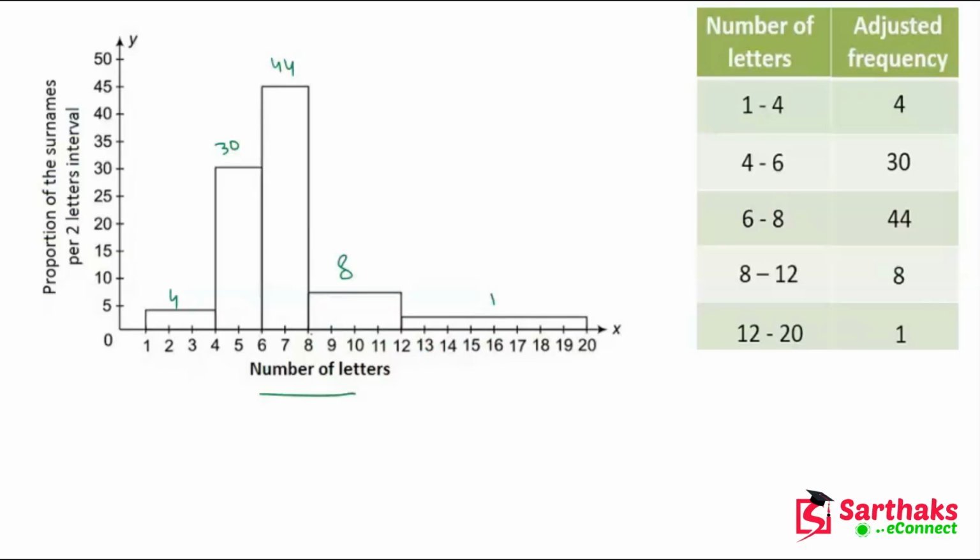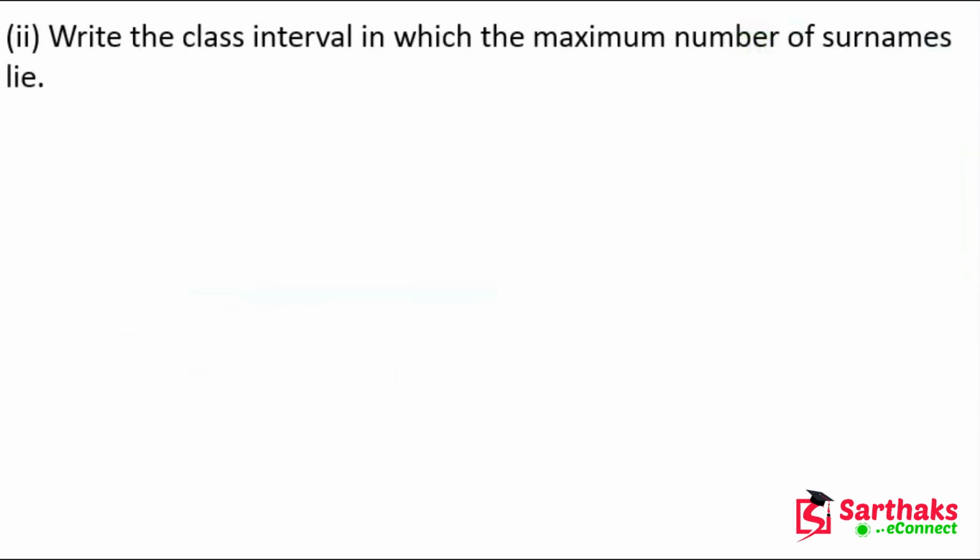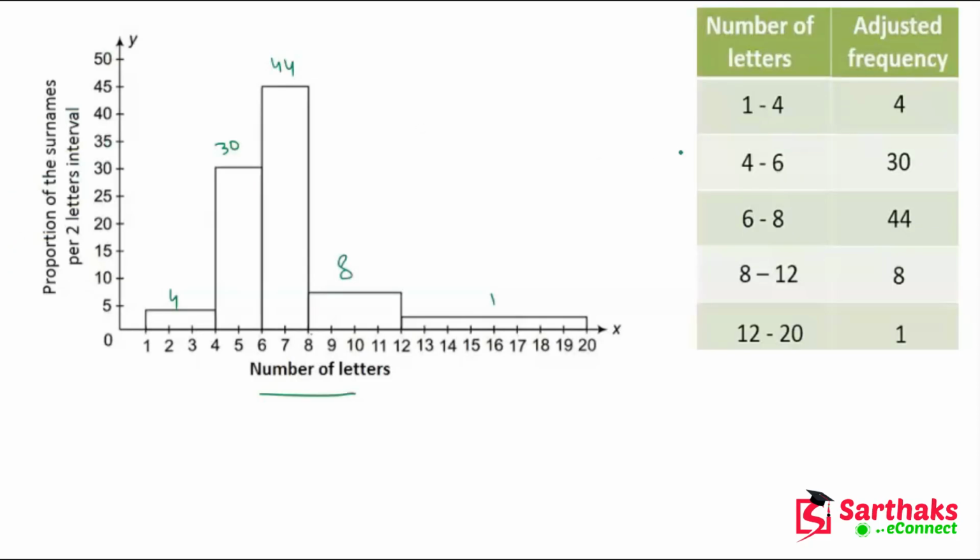Now the next part of this question says to write the class interval in which the maximum number of surnames lie. If you observe this table and graph as well, you will observe that there are 44 surnames in the range of 6 to 8.